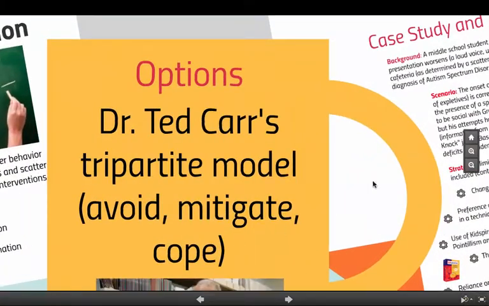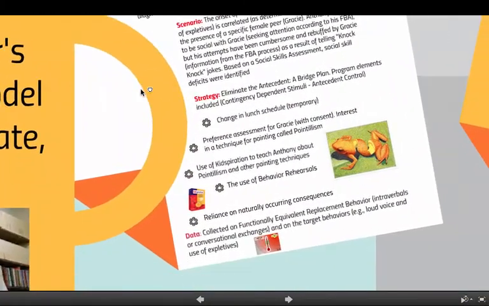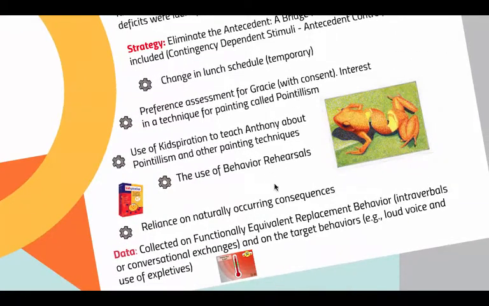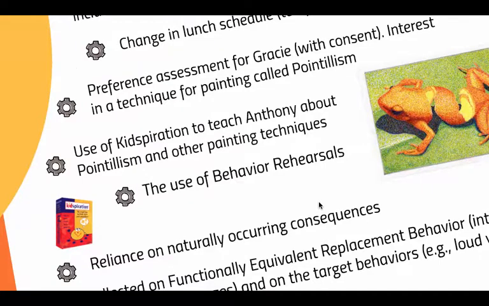Pointillism and art in general was something that she was extremely interested in. Why do we want to know that information? Because of this. If we want Anthony to be successful in terms of his social interactions with Gracie, then he's probably going to have to talk about something that Gracie's interested in. Not something that he's interested in necessarily, something Gracie's interested in.